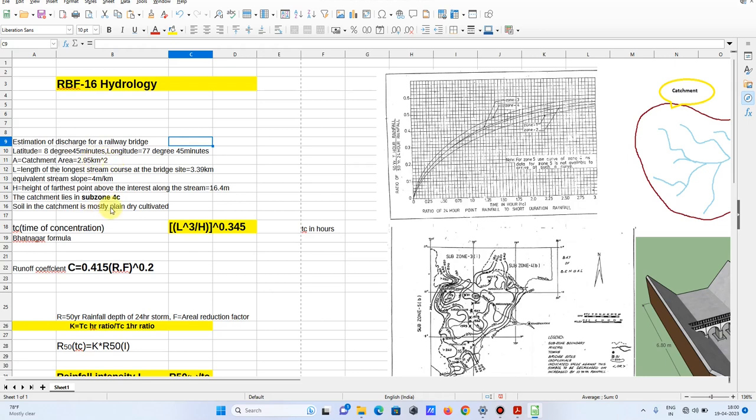So these two parameters are majorly considered in the RBF-16 hydrology method.